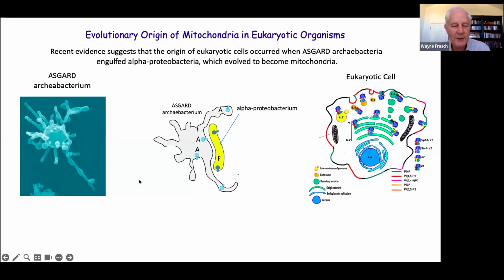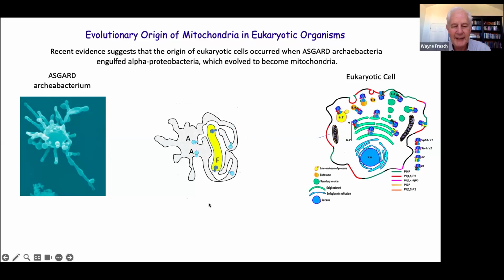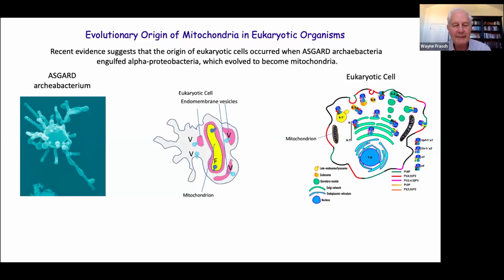And so in order to gain efficiency, it swallowed an alpha-proteobacterium that had an F-type ATP synthase. And when it did, ultimately, the alpha-proteobacterium became the mitochondria and started to make ATP much more efficiently than the ASGARD was able to do.